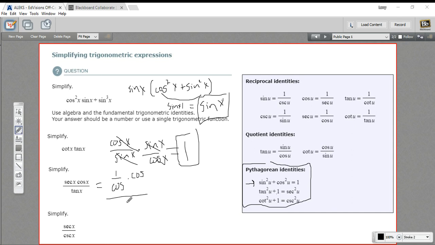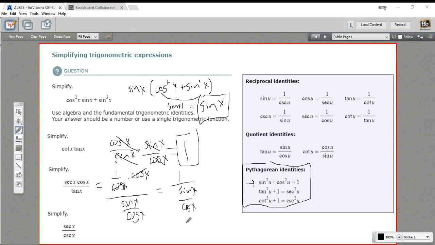And then that all goes over the tangent, which is the sine x over the cosine x. Okay, well, the cosines here are going to cancel. So what I get is 1 over sine x over cosine x, or 1 over the tangent.